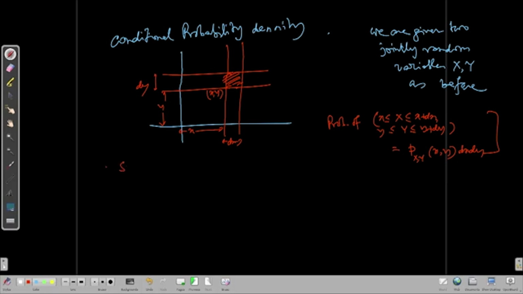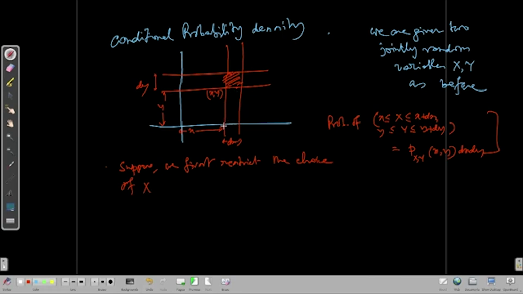Suppose we first restrict the choice of capital X to be here only.